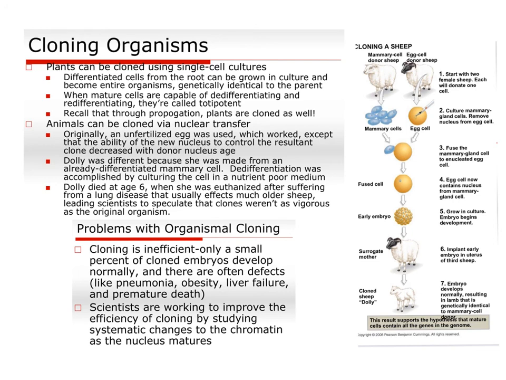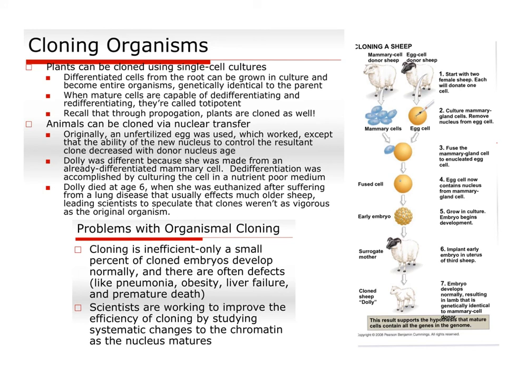Scientists think this has a lot to do with maybe some epigenetic factors of these mammary cells that were used. Possibly the DNA of those cells didn't act like embryonic DNA because it was coming from a differentiated cell. So they're not really sure.